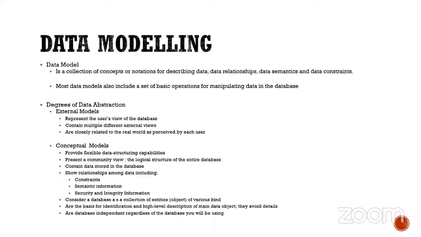Imagine you have the coordinate of a particular point, the location of the point, the content of the point, and the coordinate system in which the point coordinate has been provided. How do we describe such data? We use a data model. The data model encompasses the collections of concepts and notations for describing that data, the data relationships, the data semantics, and data constraints. So within this figure, we define what we call a data model.